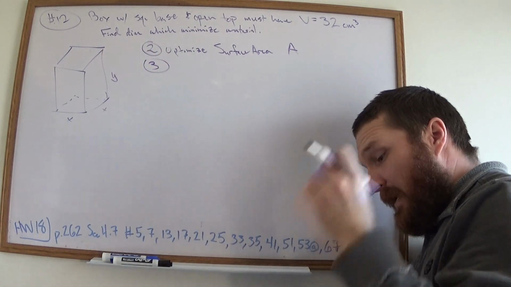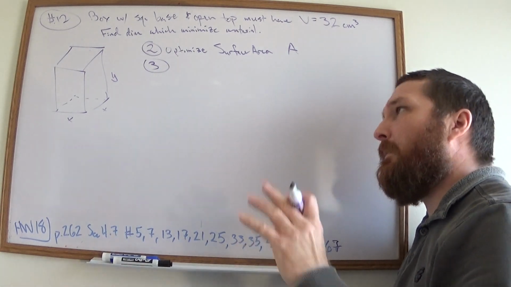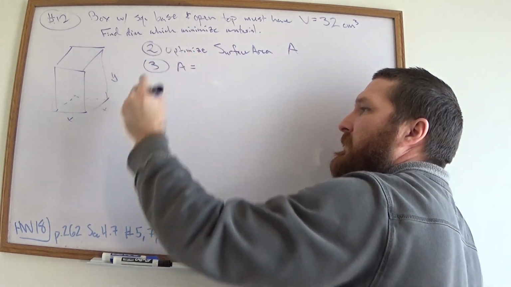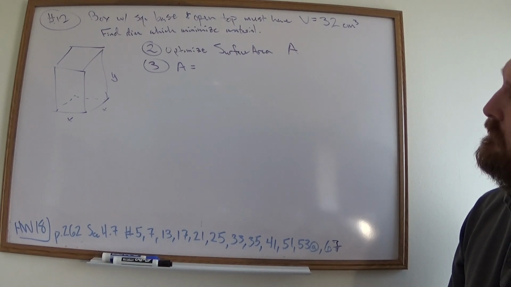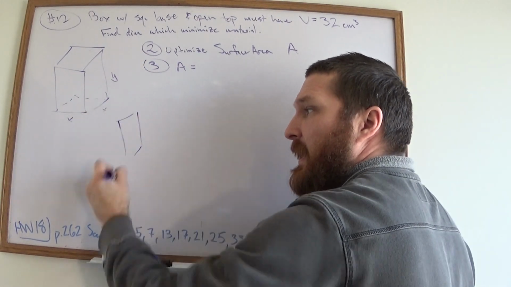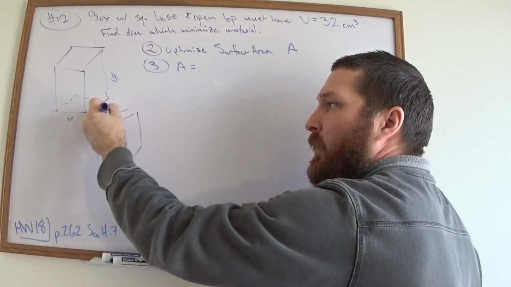So what's step 3? Write a function whose output is the thing I'm trying to optimize. So the surface area is equal to what? It's x times y times 4, because we have 4 sides: one there, one on the other side, and one back here.